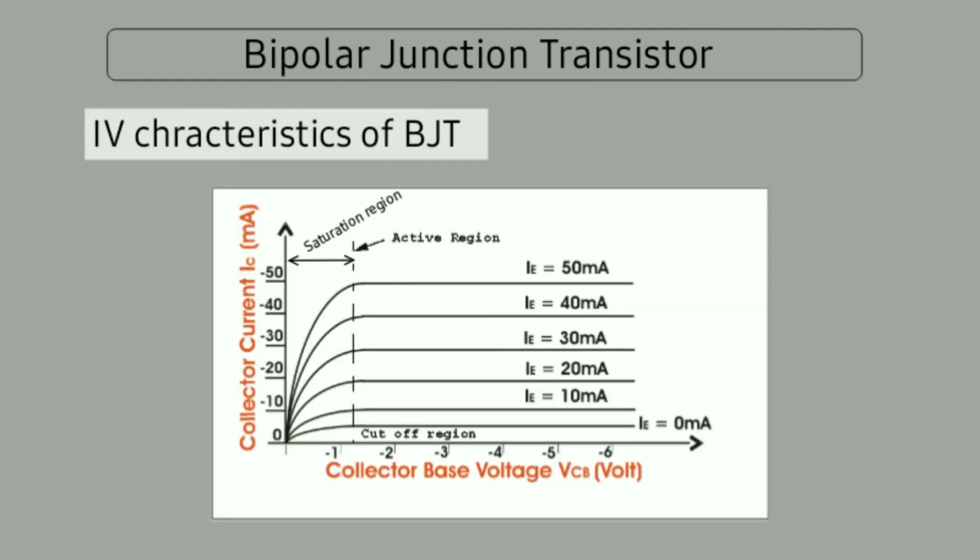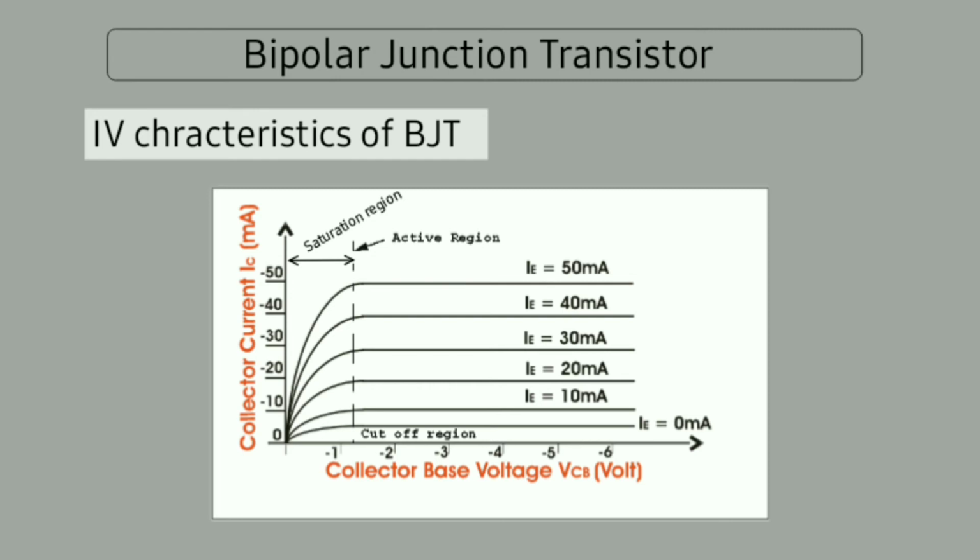Next is IV characteristics of BJT. The IV characteristics of BJT mainly divide into three regions: cutoff, active, saturation region. This is a plot of output current versus the output voltage with constant current IE.